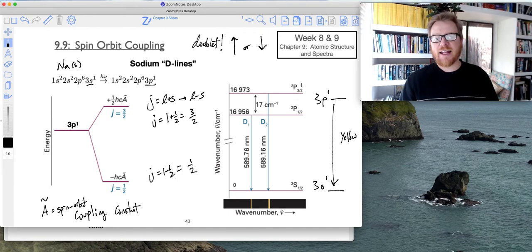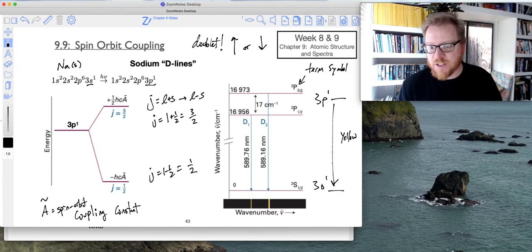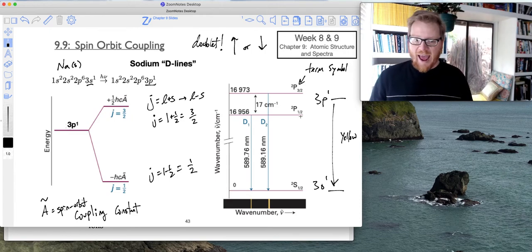And so you can see that given here by this term symbol, which is where we're going next. What's important to note for now, because you don't know about term symbols, is that here the 3/2 corresponds to the J 3/2, and here the 1/2 corresponds to the J 1/2.